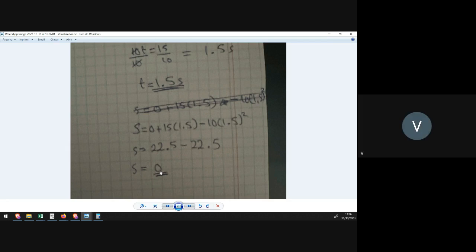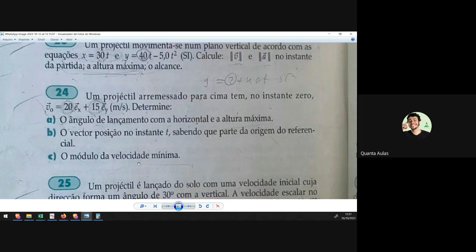So yeah, the maximum height is 0. This doesn't make sense, right? But yeah, this is wrong because you forgot the over 2 here, okay? So I suppose the maximum height is 11.25 or something, okay? But okay, you did almost right.